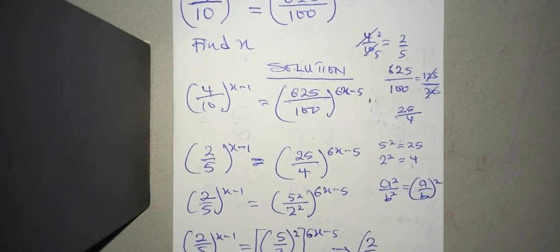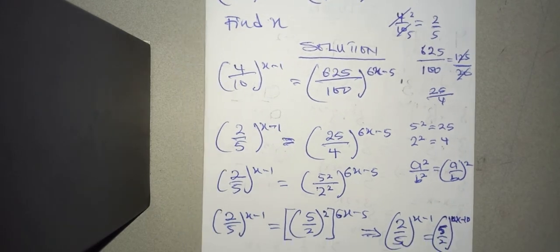Now let's continue from here. I have (2/5)^(s-1) equals (5/2). This 2 is going to multiply everything here, so that 2 times 6s, you have 12s. 2 times negative 5, you have minus 10.